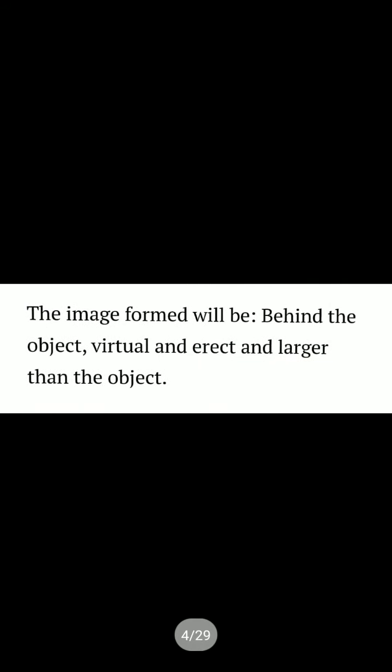So this is the nature of the image. When we discussed the mirror, we discussed that whenever you draw the diagram, you have to mention the nature, position and size of the image also.